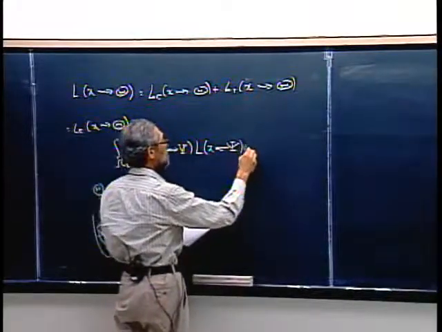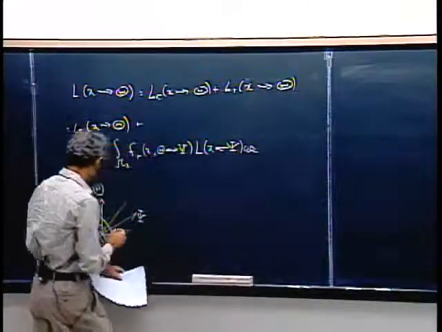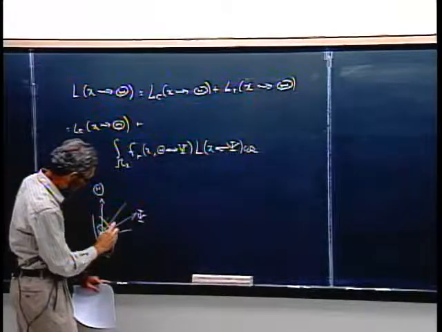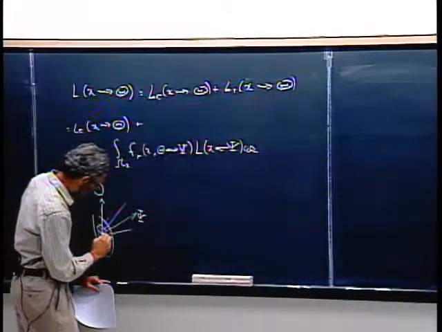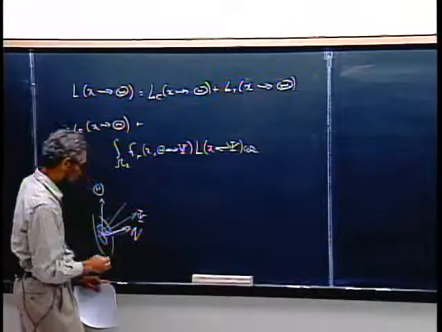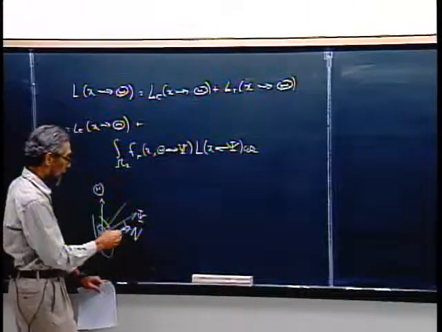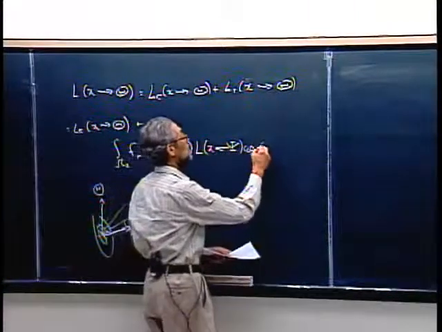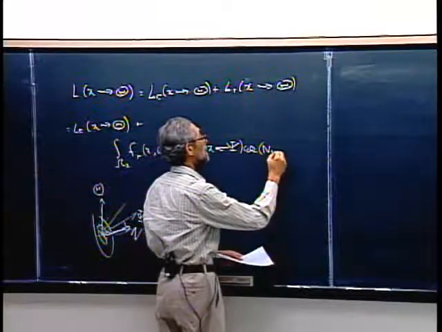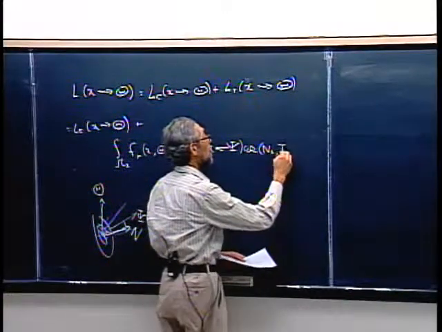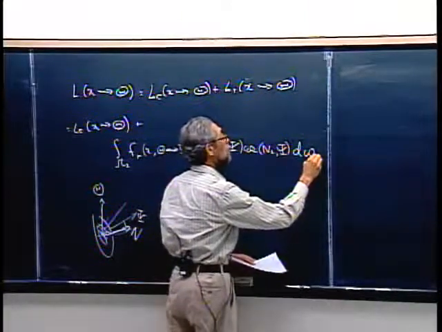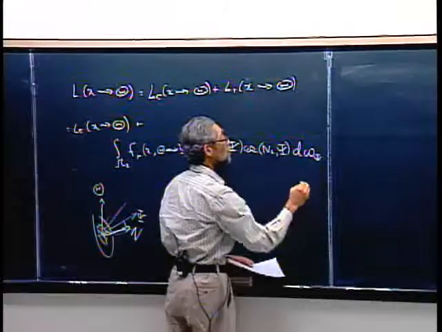And then we had a cosine of an angle between that direction psi and the normal to the surface. So it's this angle, which the book writes as cosine of n at x and the direction psi. And then d solid angle for the incoming direction.